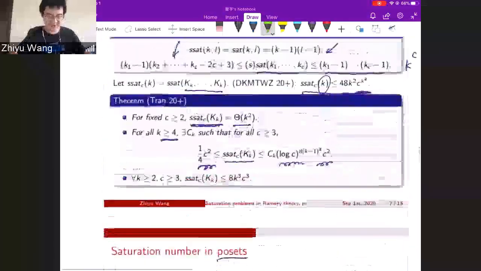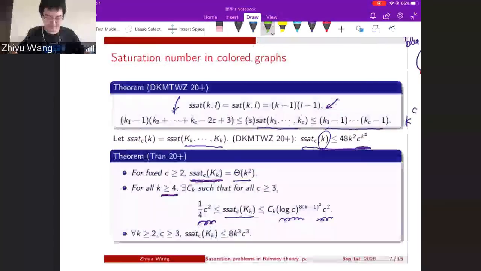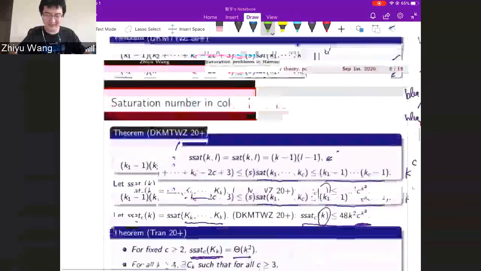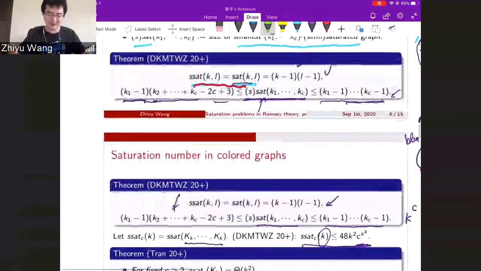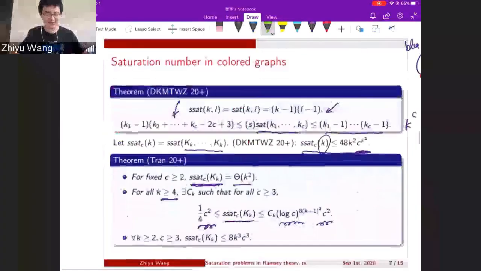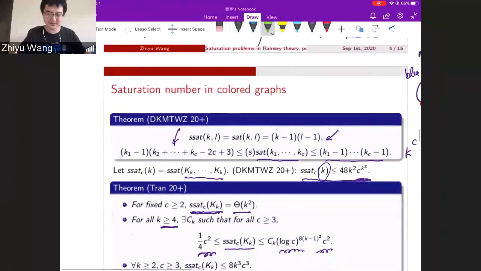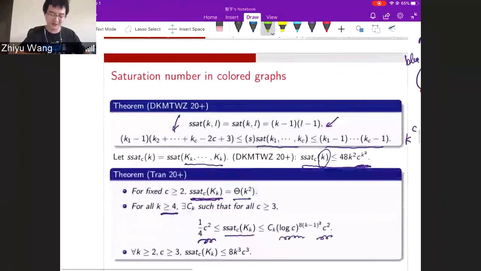For the graph case, I guess the most open one is this. What Chuan did, actually he submitted not long after we submitted our paper. The biggest problem left is he worked more on the semi-saturation number. All of these are semi-saturated, and we know it is k squared, where k is the size of the clique. This doesn't depend on the number of colors at all. For any fixed color it is k squared.